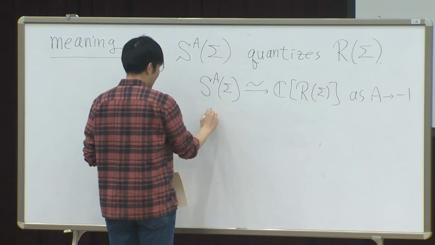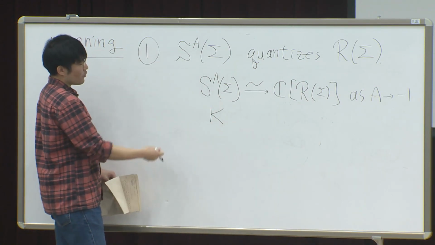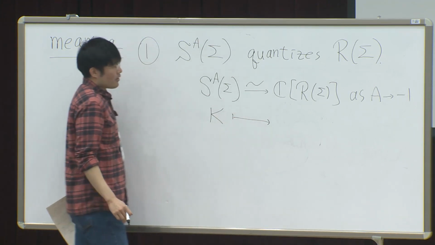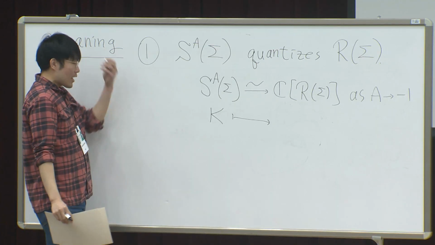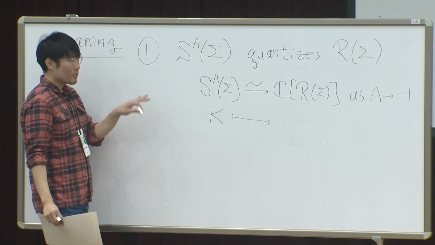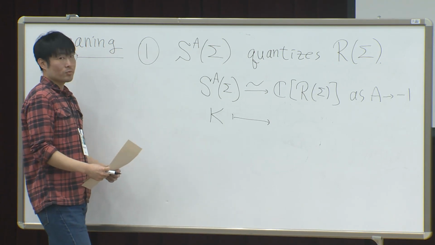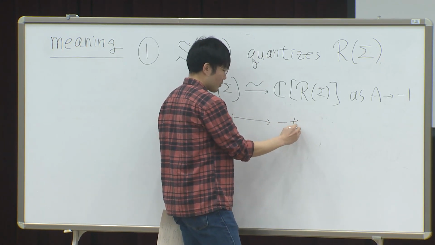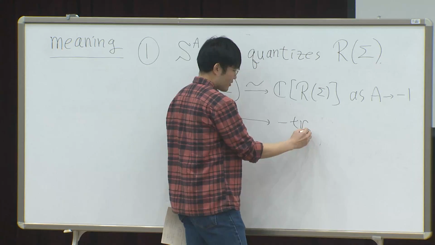Where if you have a framed link, then what is the corresponding function in the algebra of regular functions on the character variety? You forget the framing, project it down to the surface, then you get a loop. So you can take the trace function, but in this case you have to take the minus of that.